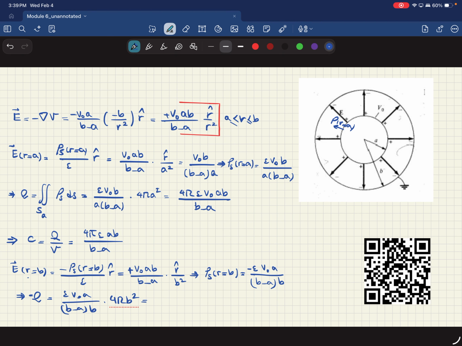We are multiplying by the surface of the outer conductor. So again, we would get 4 pi epsilon V naught A B over B minus A. So we just showed that the Q on the inner conductor is exactly the same and opposite of the Q on the outer conductor. Right? Does it make sense?